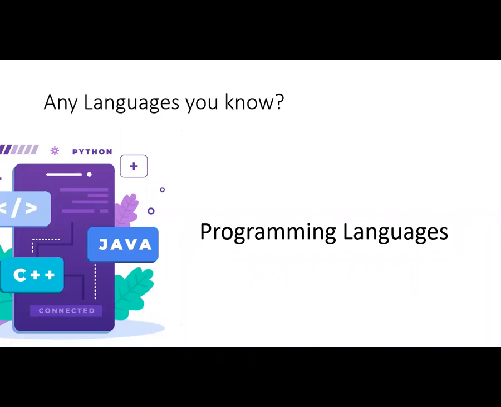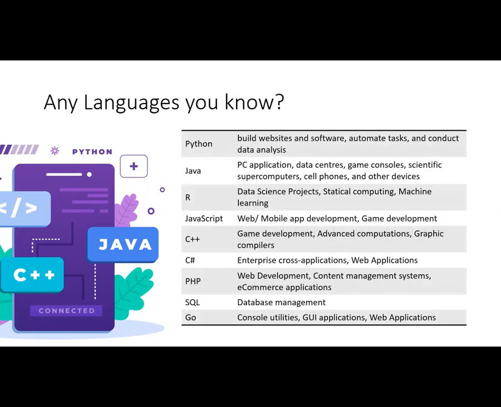There are many more, hundreds of languages: Python, Java, R, C Sharp, or PHP. They are used for different purposes, but we are not going to discuss them here. These are some examples of computer languages.